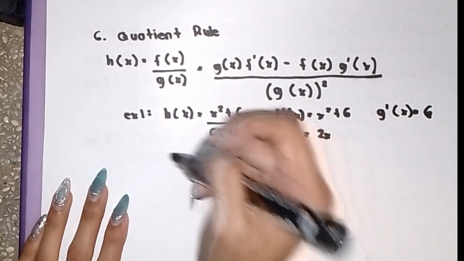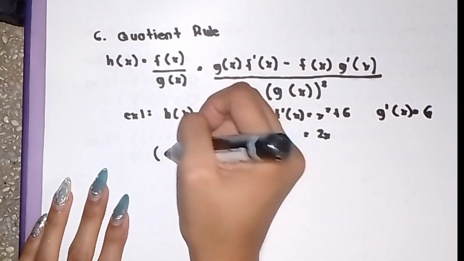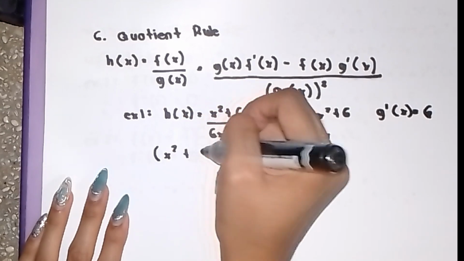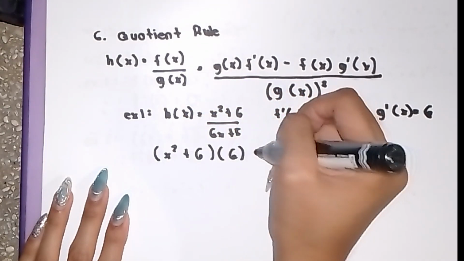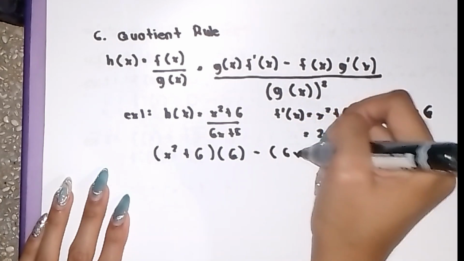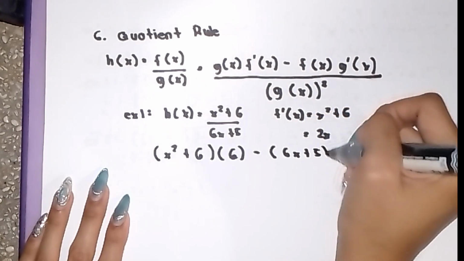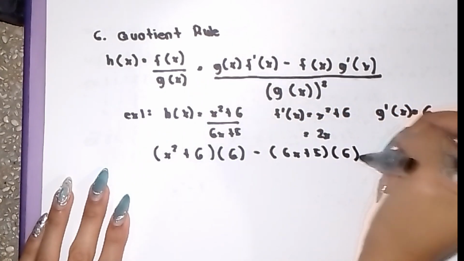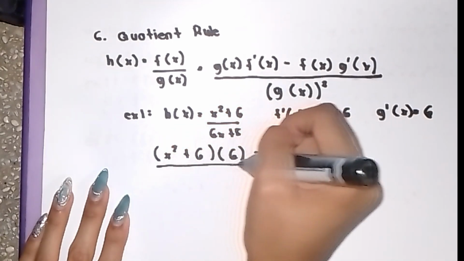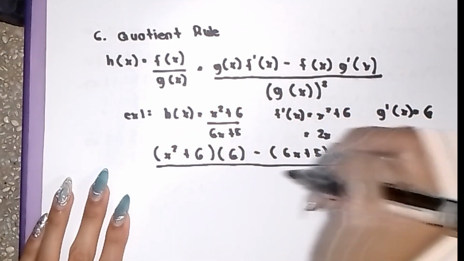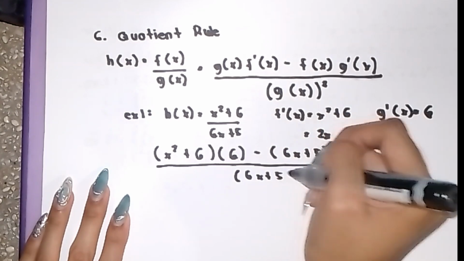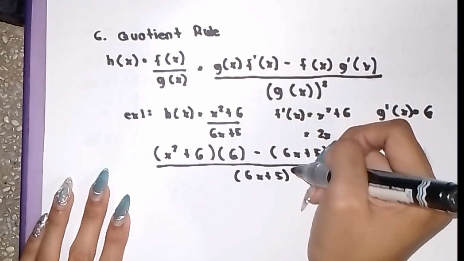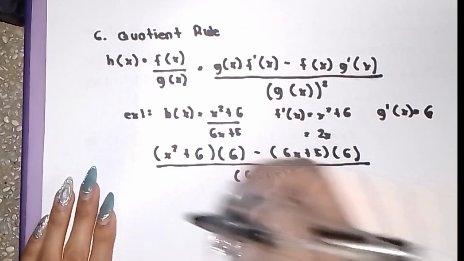Let's now combine our given. We have x squared plus 6 times 6 minus 6x plus 5 times 6 over 6x plus 5 squared.